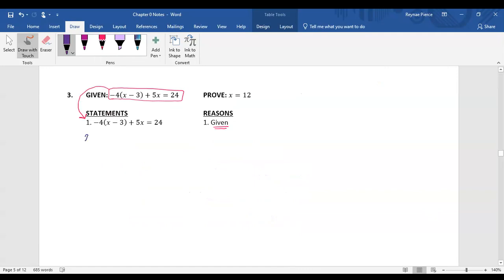Second step here, I notice that we are taking negative 4 times x and times the negative 3. That is our distributive property. And when we do that, that gives us a negative 4x plus 12.